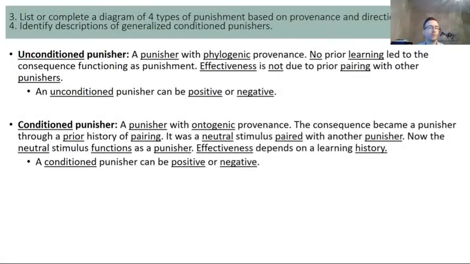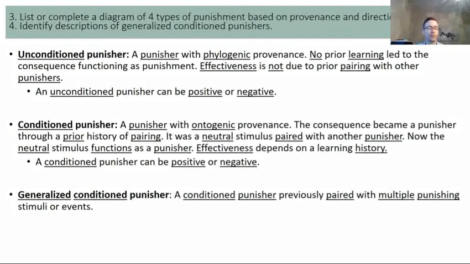A conditioned punisher can be positive or negative. It can be something added or increased, or something removed or reduced. A generalized conditioned punisher is a conditioned punisher previously paired with multiple punishing stimuli or events.